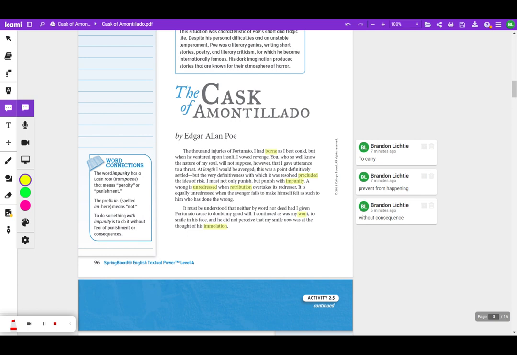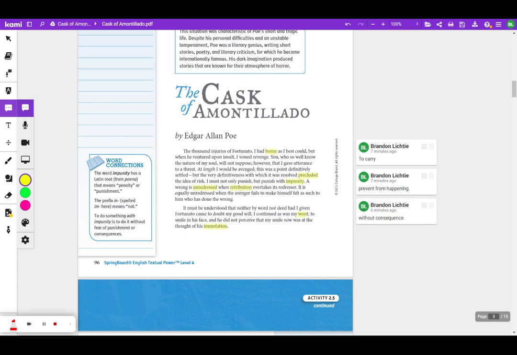Then he goes on to say, at length I would be avenged. This was a point definitively settled, but the very definitiveness with which it was resolved precluded the idea of risk. Meaning, I'm going to get my revenge. However, if I do it, I have to do it without risk. And the very next line says, I must not only punish, but punish with impunity. Now, impunity is a word that we're already familiar with.